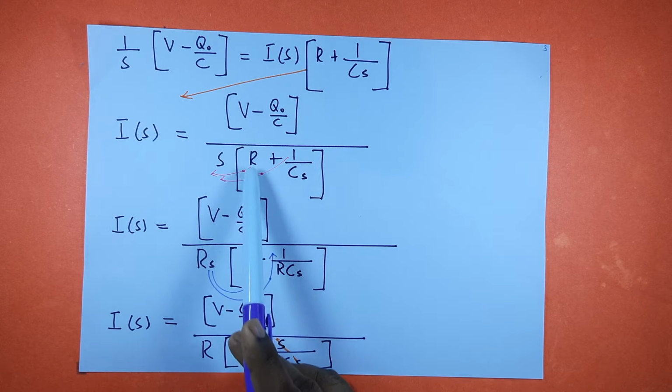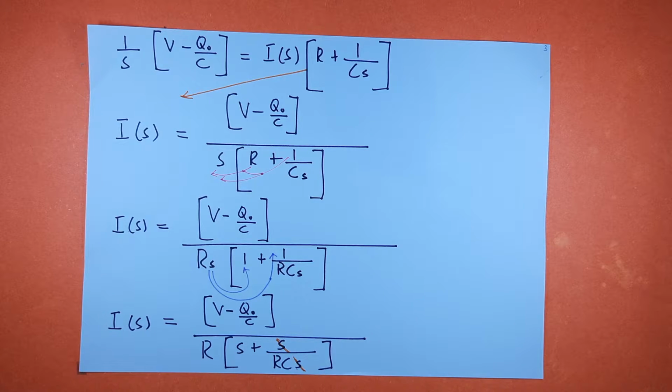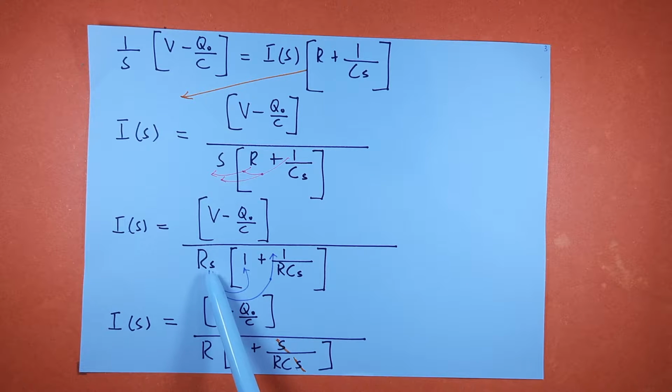For I(s), now we will take R out of this bracketed term. I(s) equal to V minus Q naught by C, we take R outside. R into 1 plus 1 by RCS. Next what we can do is take this S inside the bracket. Next step. I(s) equal to V minus Q naught divided by C divided by R into S plus S by RCS.